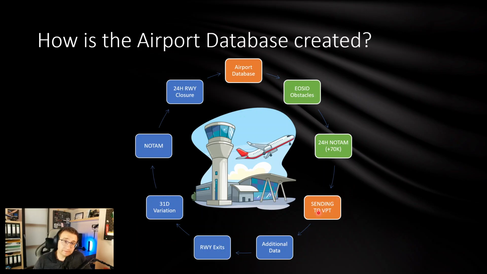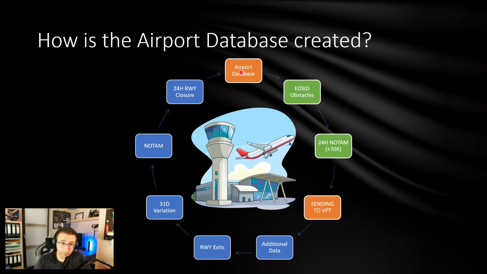And this is where the interesting part starts. We're not just simply using this database. We also do part of the job. So we add additional data, for example countries, cities, coordinates, magnetic variation, and so on.